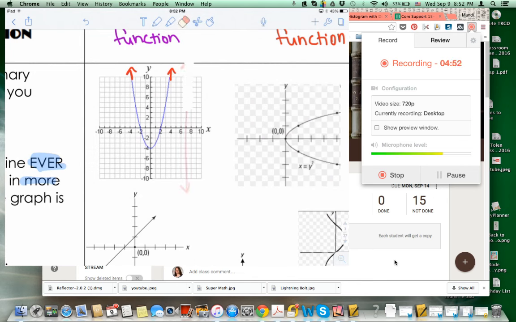But we want to go ahead and graph it so that we can see that they intersect right now. So if we draw a vertical line, it intersects in one place. This is a function. And over here, we draw a vertical line. It intersects in two places. This is not a function.